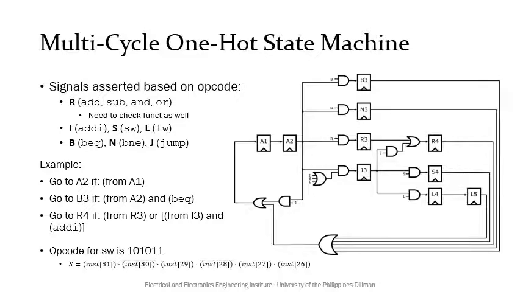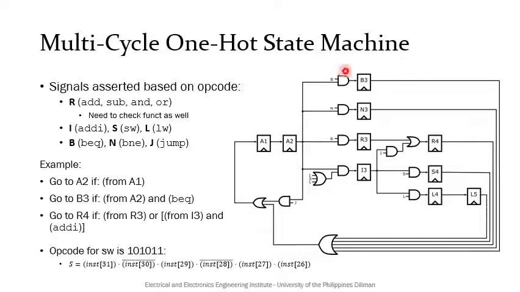Thus, an appropriate logic for store word, or for S, is the one shown: instruction 31, instruction 30 prime, instruction 29, instruction 28 prime, instruction 27, instruction 26, all ANDed. When any of these 6 bits is incorrect, the signal S will automatically be deasserted.